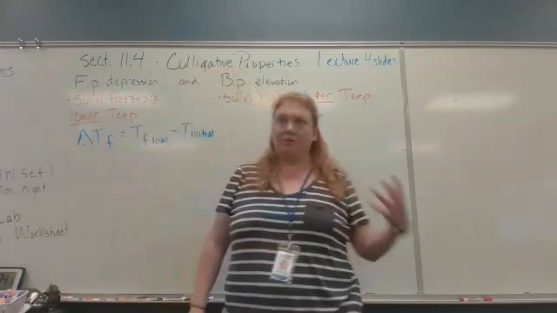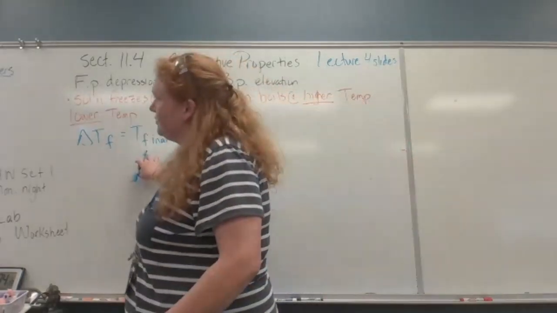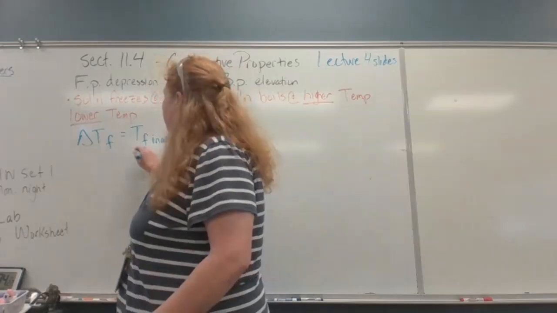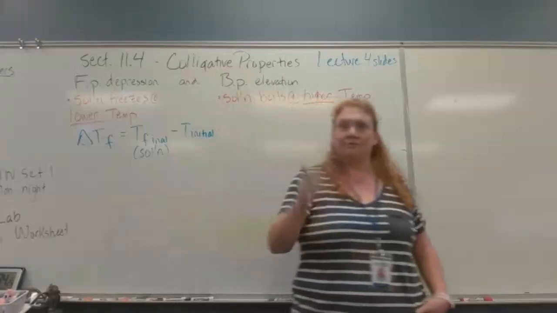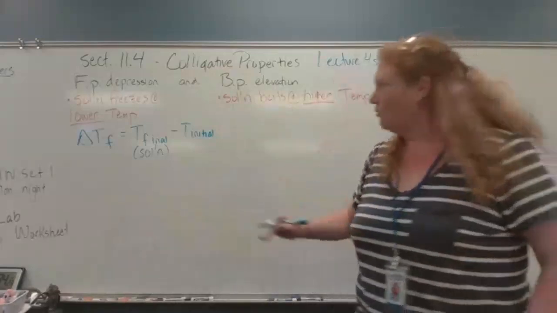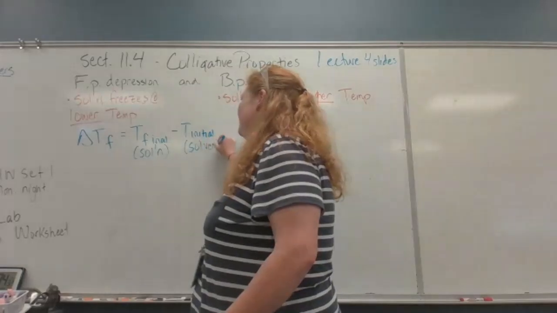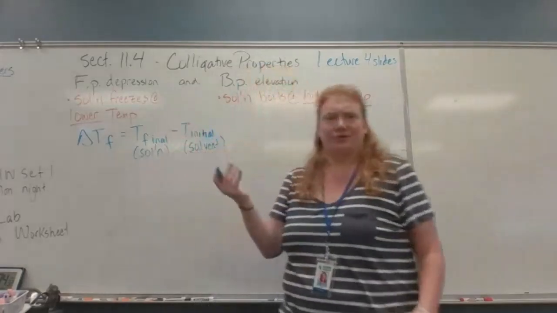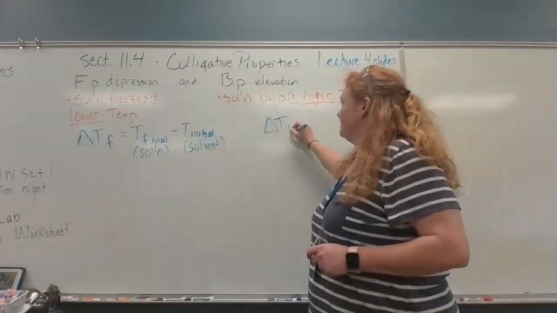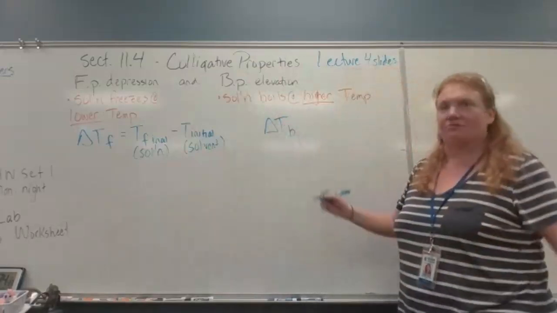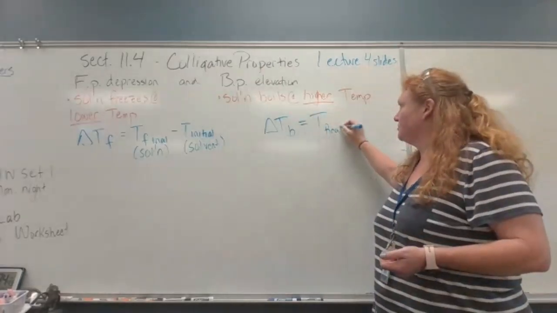Always delta is final minus initial. Final would be what it is now when it's a solution. It's the new lower point. Initial is what it is when it's just the solvent. Okay. Boiling point. How much is it changing? Delta T of the boiling point, same idea. Final minus initial.